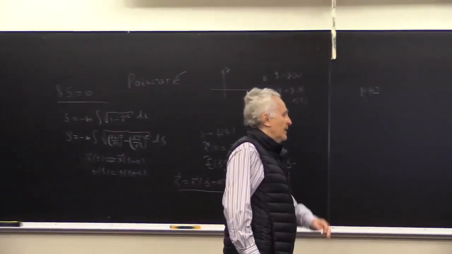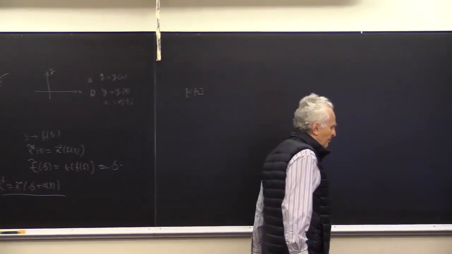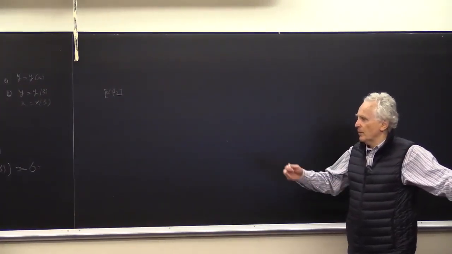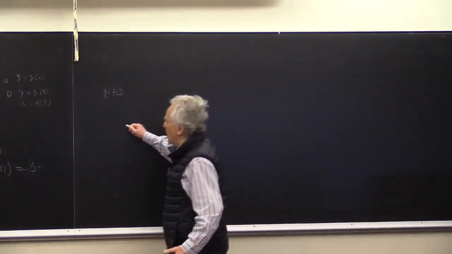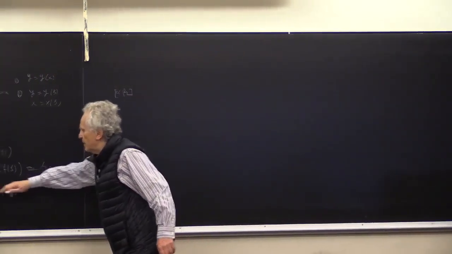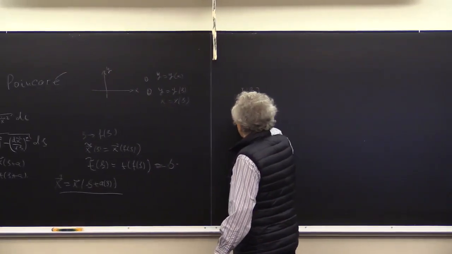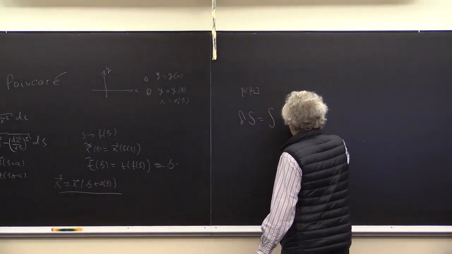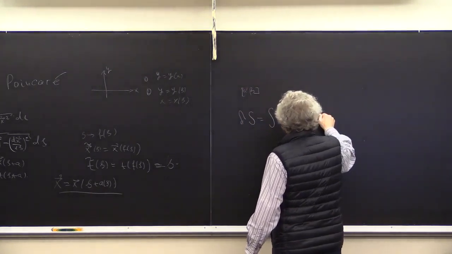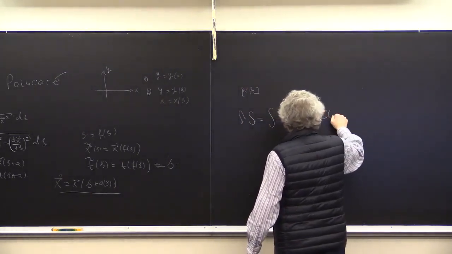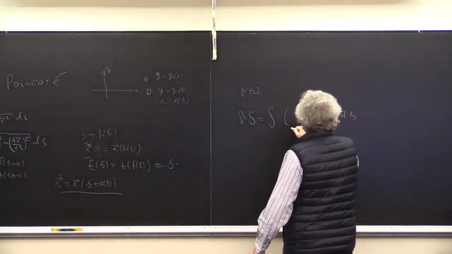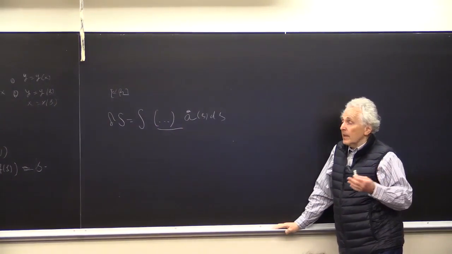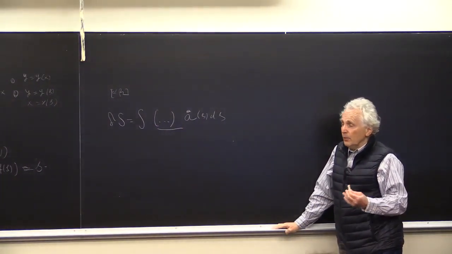So, suppose I make this change of variables. The general rule was, I remind you, you make a gauged transformation, and the variation of the action should be something multiplied by a dot ds. And this something is precisely the conserved quantity which we are looking for.